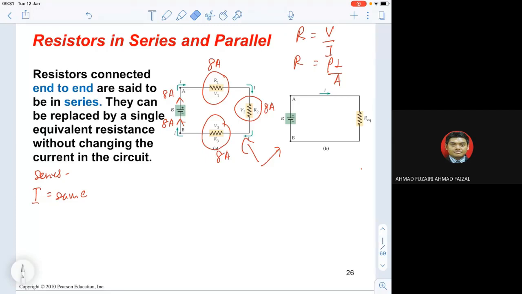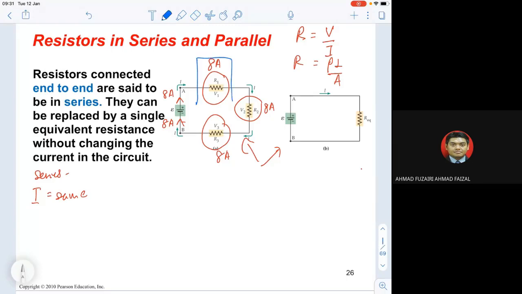But that is all current. The one that have a different value is what we call voltage.